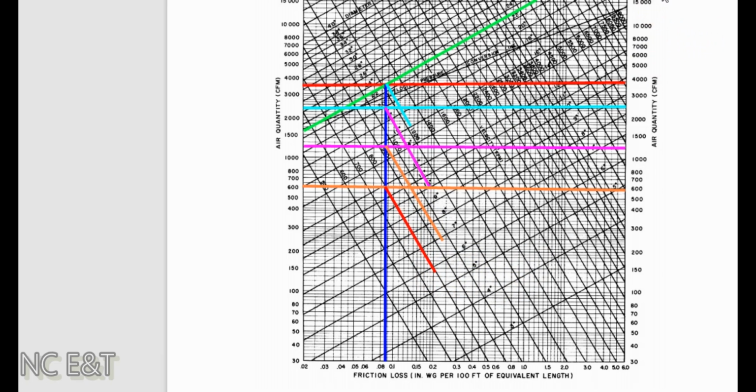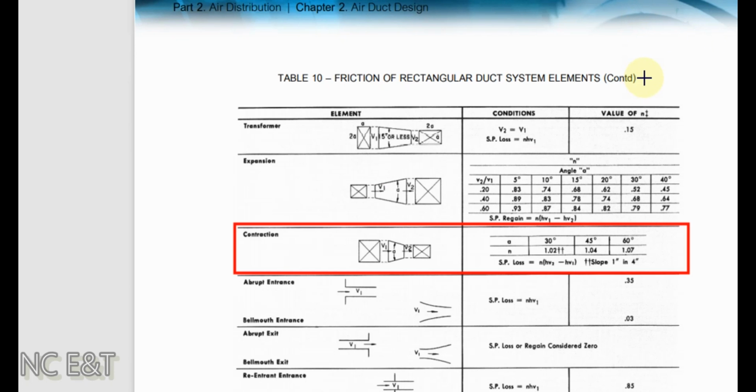For the calculation of N values, number of velocity heads, we will use Table 10 from the Carrier handbook. As the area is decreasing, we will use the case for contraction. Considering a 30-degree angle, the value of N is equal to 1.02.